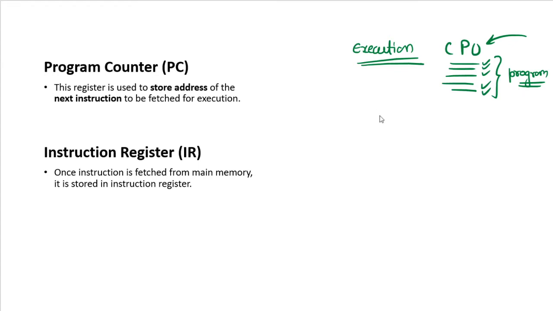Now the program counter is nothing but a counter that tells which instruction the CPU will fetch next. What do I mean by that? Let me show you with an example.